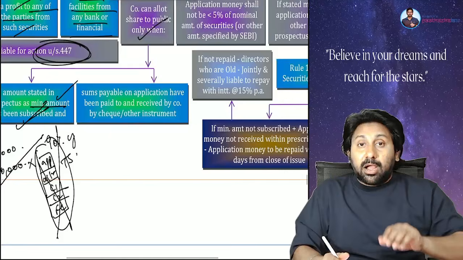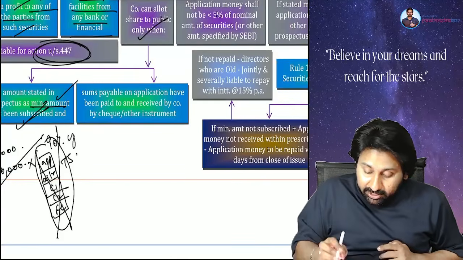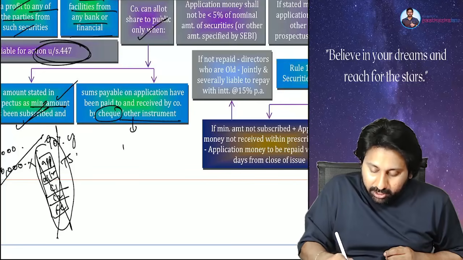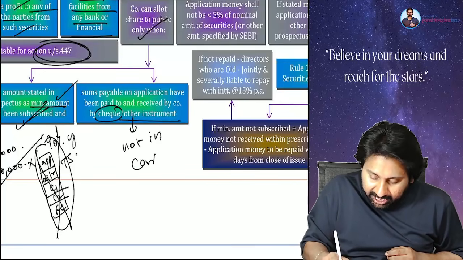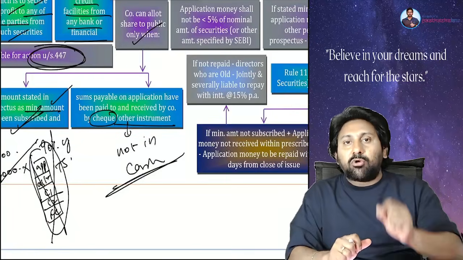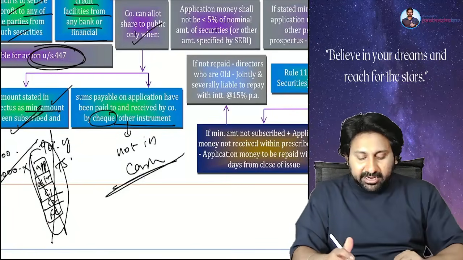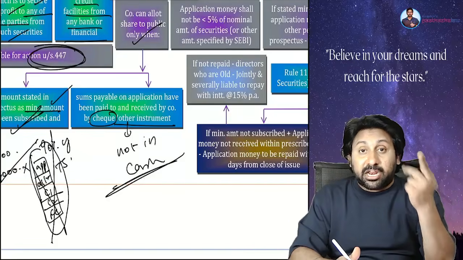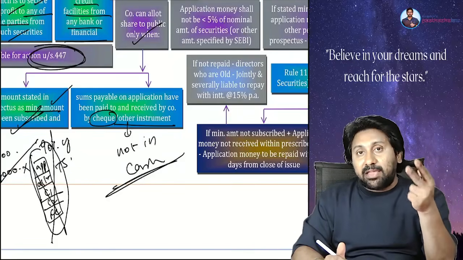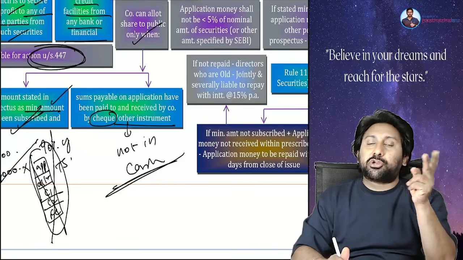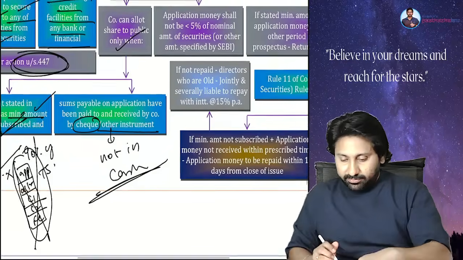Next, the application money should be collected only by check or any other instrument, not in cash. Okay, 2 conditions must be satisfied when you can go for allotment. The amount stated in the prospectus as a minimum subscription has been subscribed, and the sum payable on application must be paid by a check or any other instrument, not by cash.